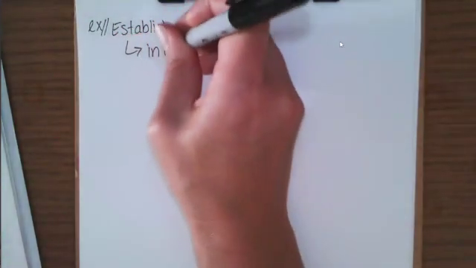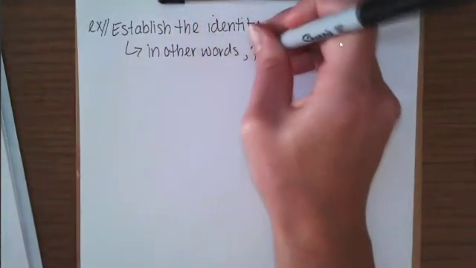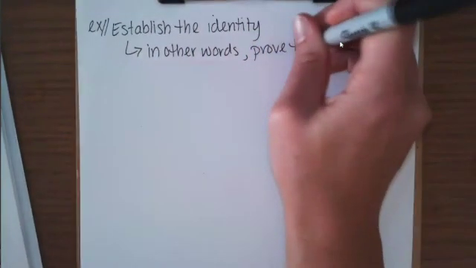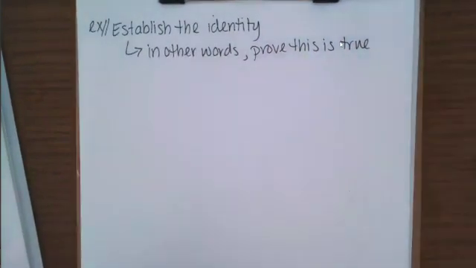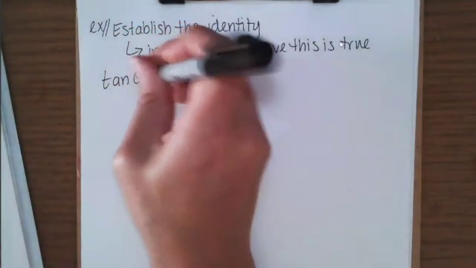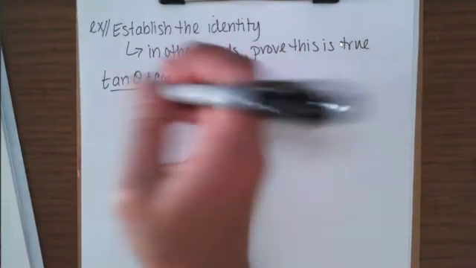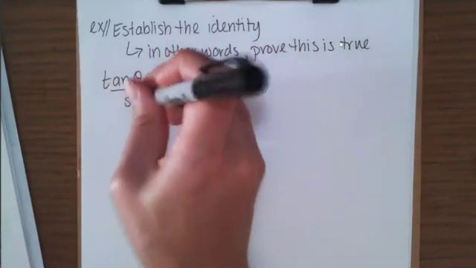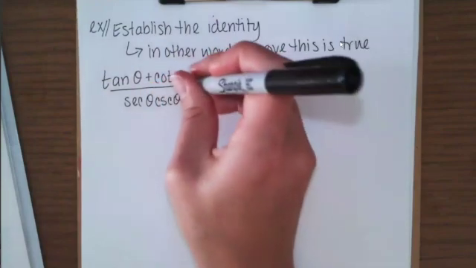This actually means, in other words, prove this is true. So the first one here we have is tangent of theta plus cotangent of theta over secant of theta times cosecant of theta is equal to 1.